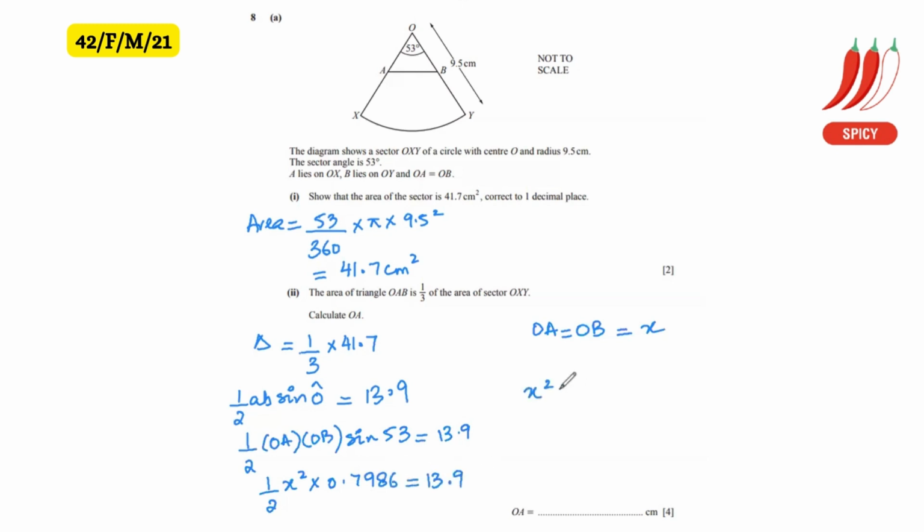So X squared is going to be 13.9 times 2 divided by 0.7986. Square root both sides, and X is equal to 5.90 centimeters. That is your length of OA, which is also the length of OB.